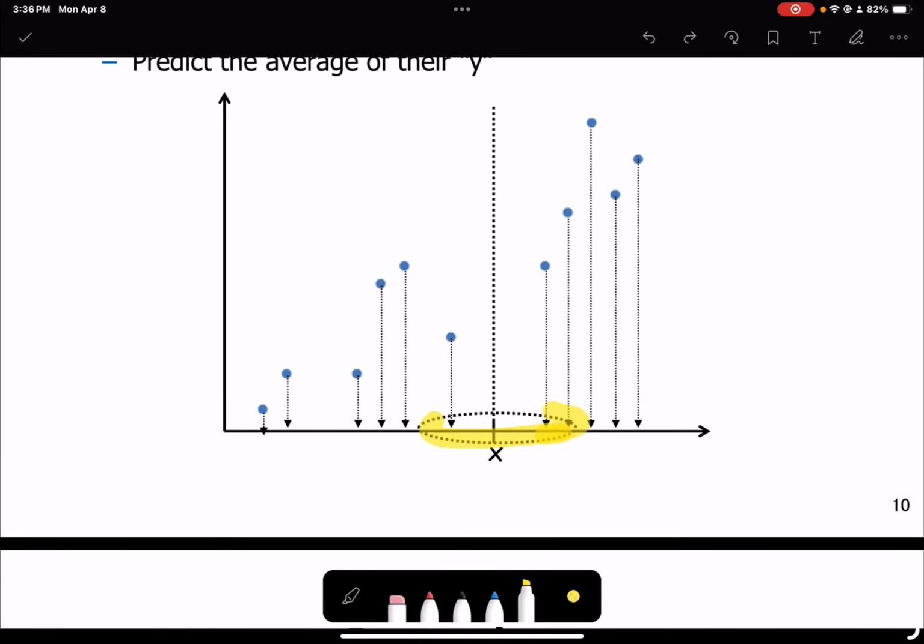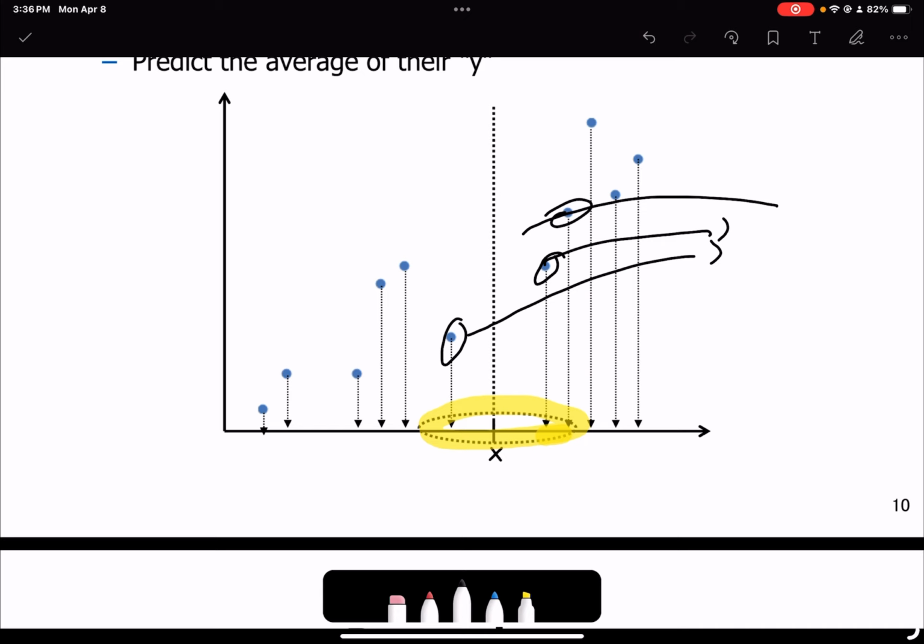These 3 data points would be the closest. So in the regression, what you actually do is take the average of these 3 values, and assign the mean value to this y variable.